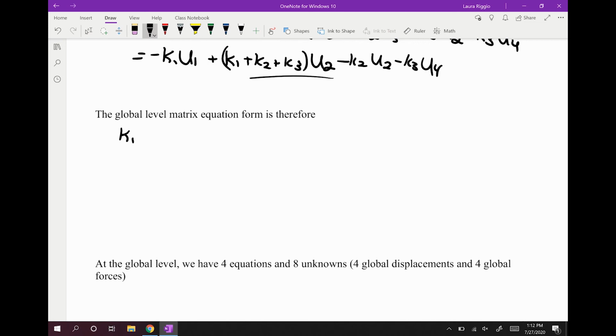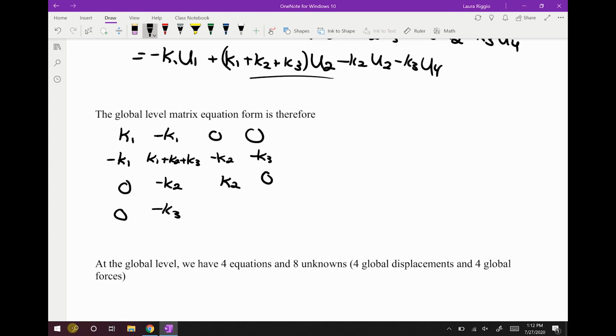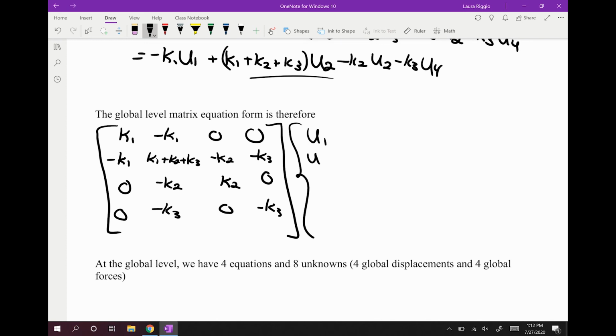So in this case, we would have k1, minus k1, 0, 0, minus k1, k1 plus k2 plus k3, minus k2, minus k3, 0, minus k2, k2, 0, minus k3, 0, k3, times our displacements, is equal to our forces.